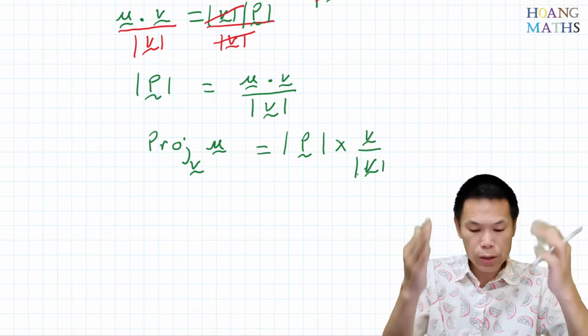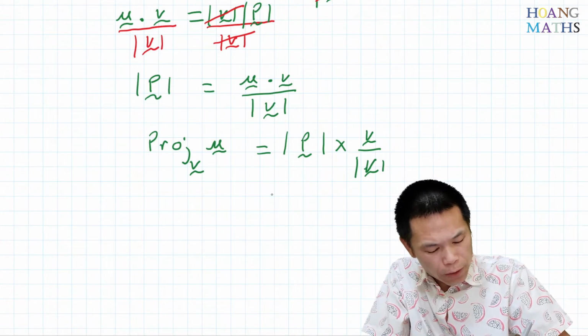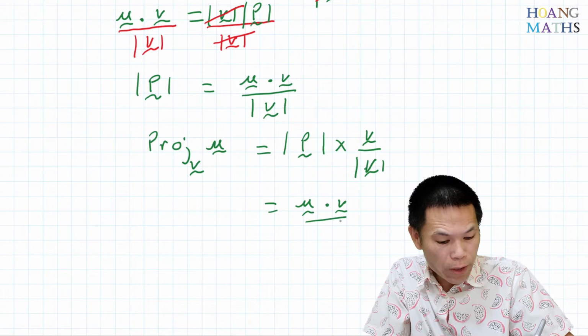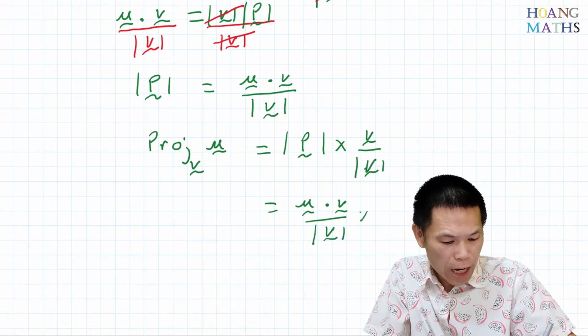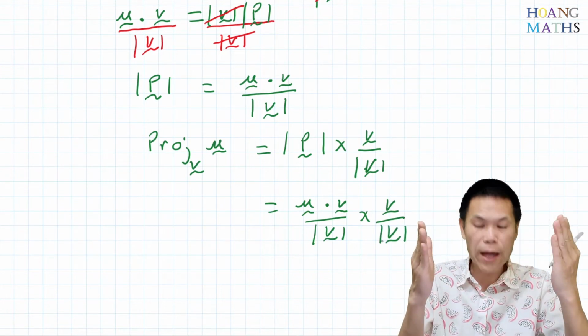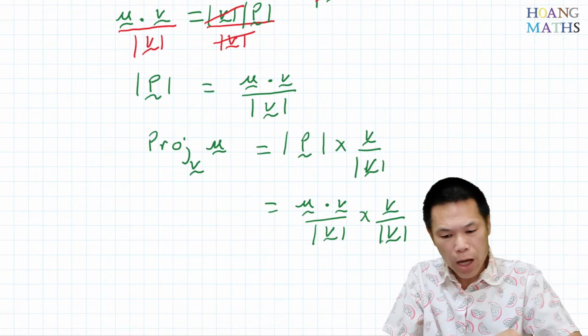So now we just substitute this in. The scalar is u dot v over the magnitude of v, times the vector v over magnitude of v. That is the unit vector. So please keep that in mind.